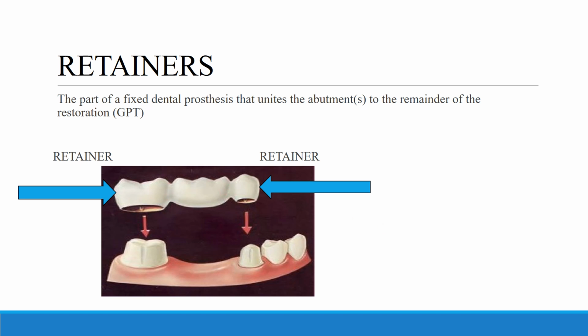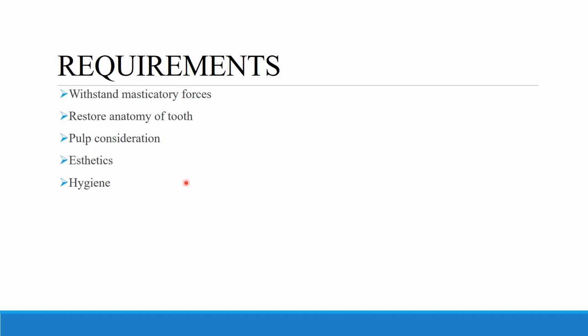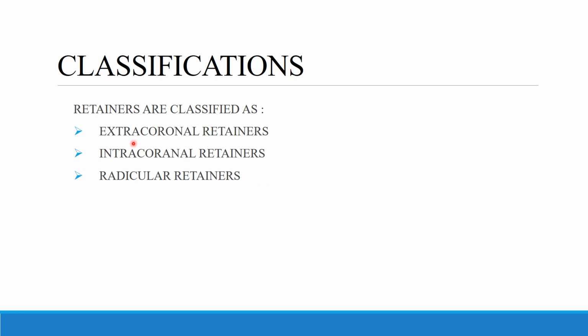Okay, all right. So, what are the requirements of a retainer, guys? To withstand masticatory forces, to restore anatomy of the tooth, to have proper pulp consideration, aesthetics, and be hygienic. It should have proper hygiene. So it is classified in three types, that is extracoronal retainer, intracoronal, and radicular.